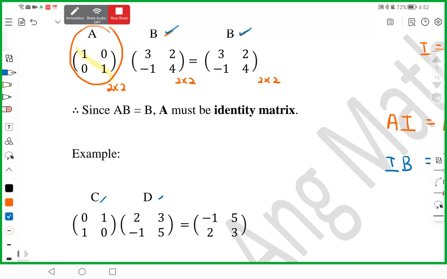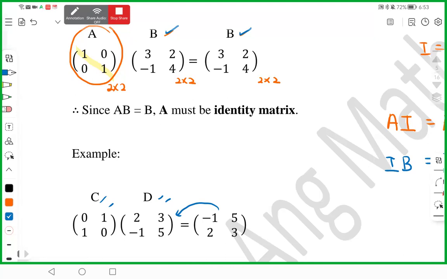This kind of question is possible to come out. They give you that equation, then they ask, is matrix C an identity matrix? If you look at the pattern, C times this is not equal to the same original matrix D, so matrix C is not an identity matrix. This is very simple, just answer like this.